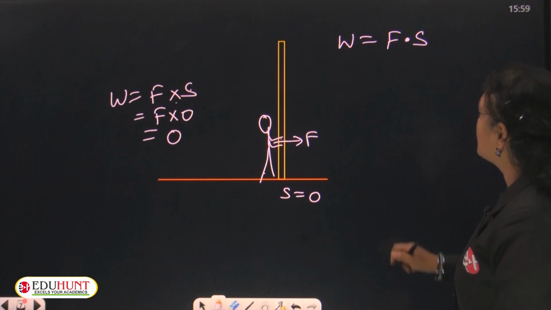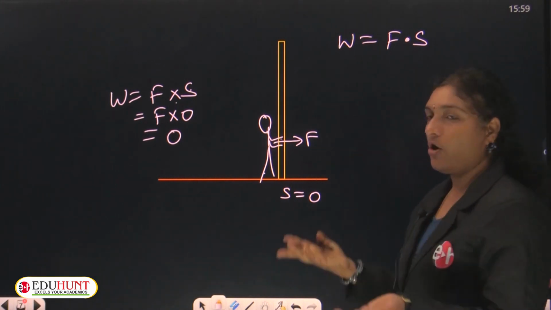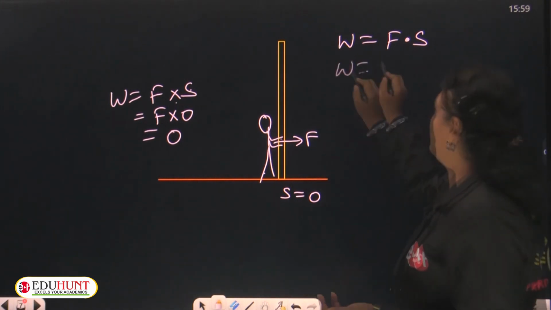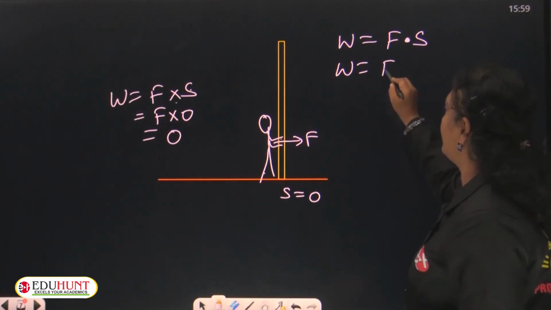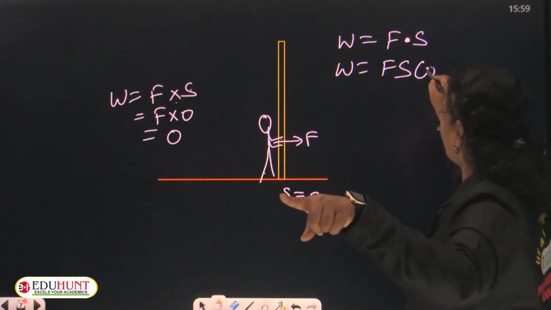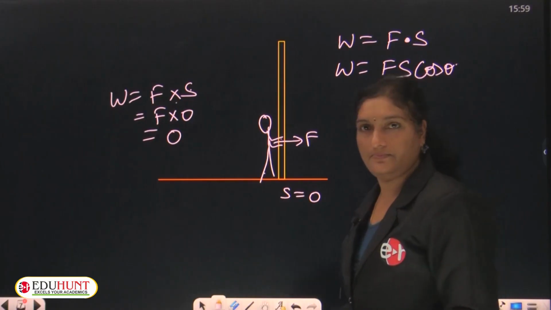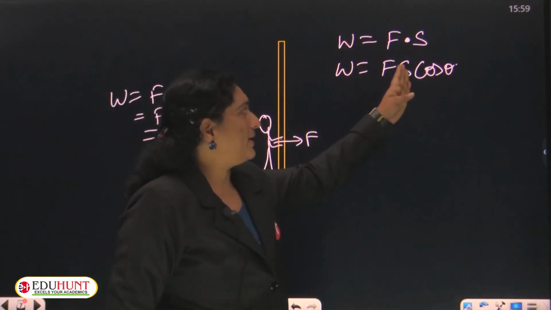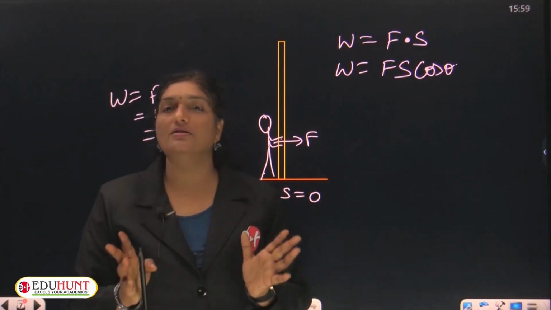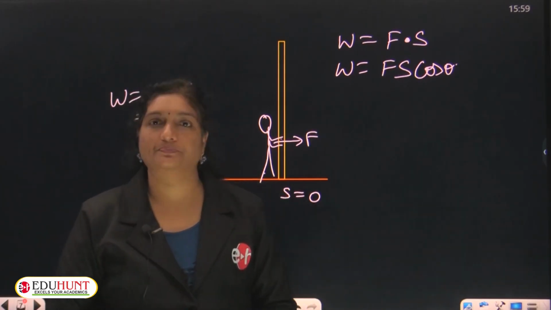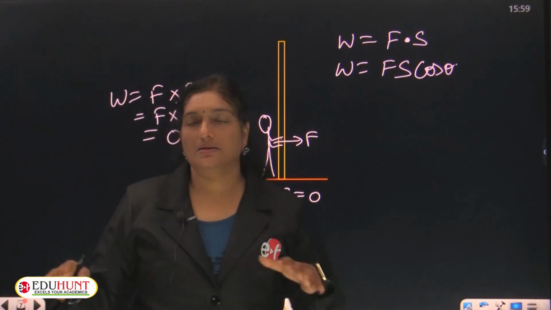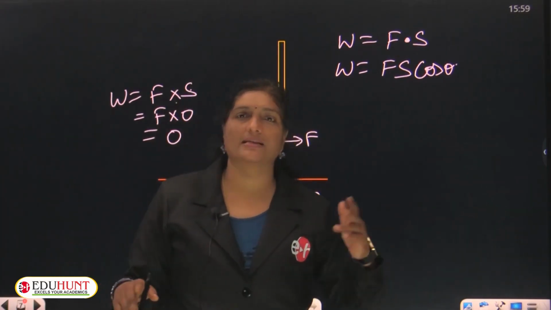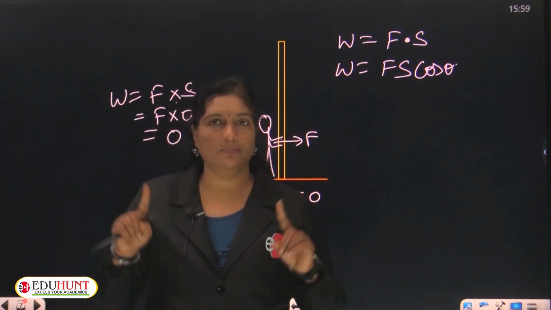The dot symbol always indicates, in vectors, F S cos theta: force and displacement multiplied by the cosine of the angle between them. So you have two different concepts, scalar product and vector product, which you will be learning in detail later.